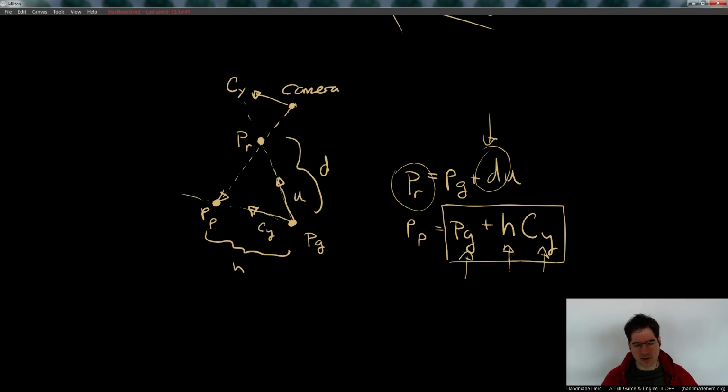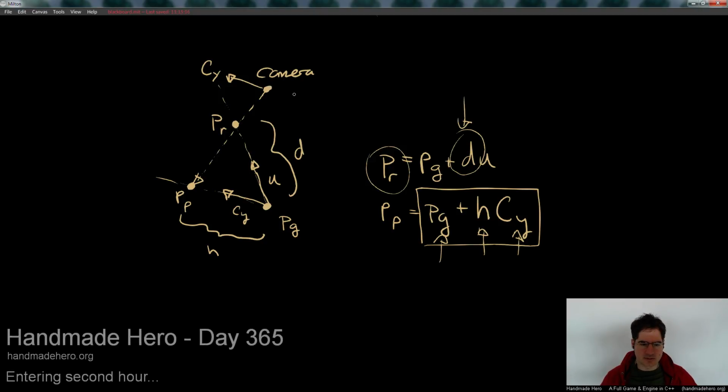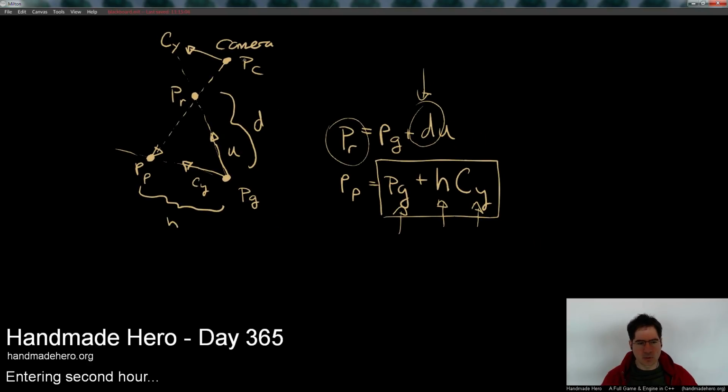The third thing that we know, and this is where we're going to get our thing to solve from, is the camera point, PC in this case, camera. We have a vector that goes from the camera through this point and down towards the place that we're trying to hit.